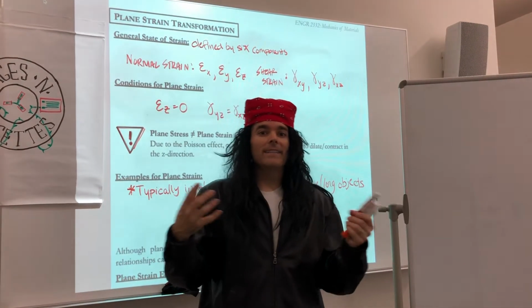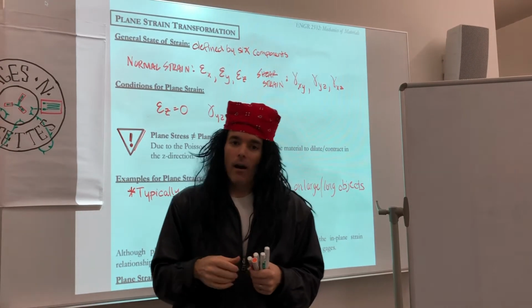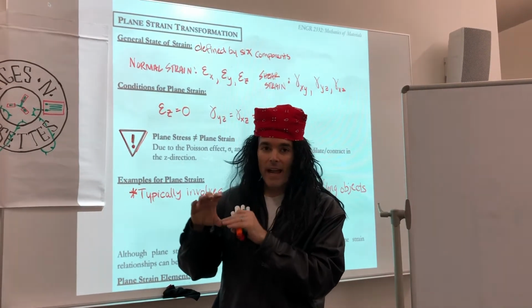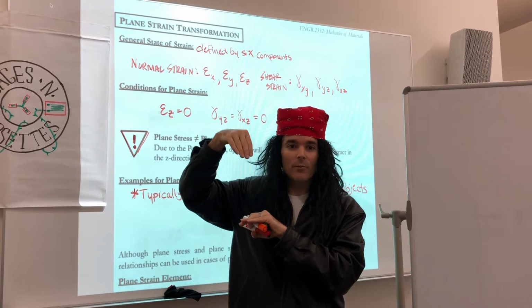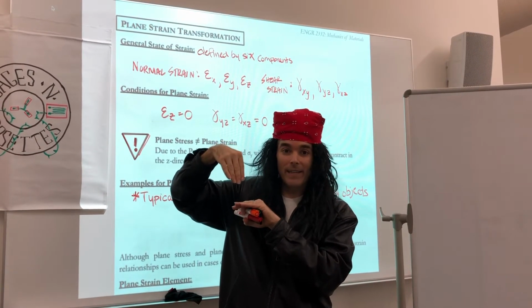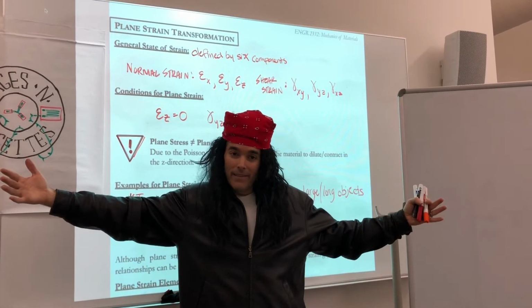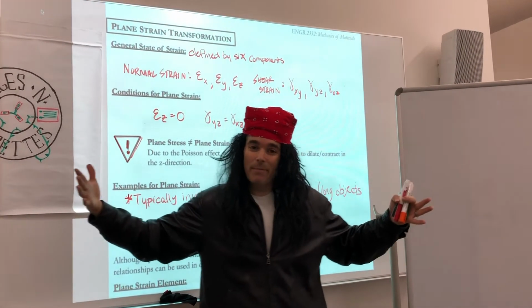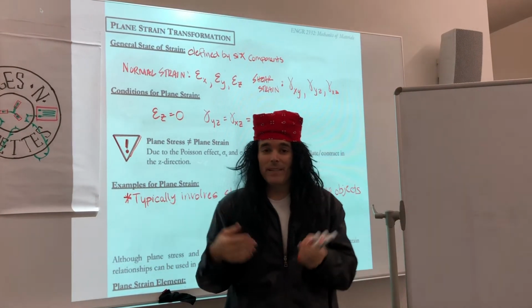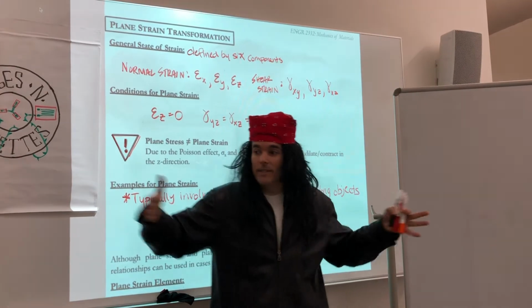So one example that comes to my mind is a railroad track. On the rail, you might have very high loads from the train cars pushing on the rail in one direction. But the rail in the length direction really isn't expanding. So even though Poisson's effect would say it would be expanding, because the railroad is so long, right?